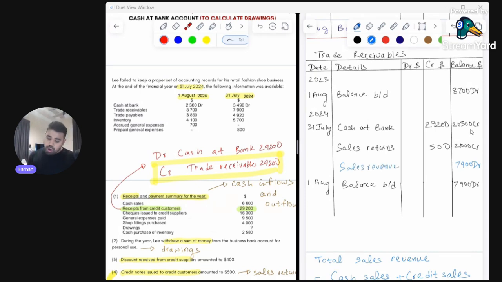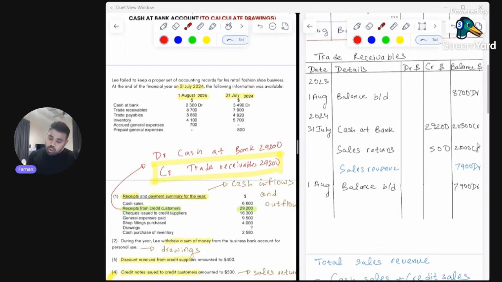Now, how do we go from 21,000 credit to 7,900 debit? It means that the entire 21,000 credit needs to be offset, and after the offset is done, we add an additional 7,900 debits on top of it, right? So how do we do it?